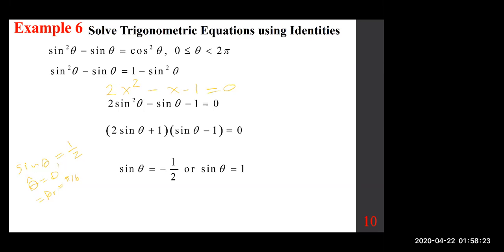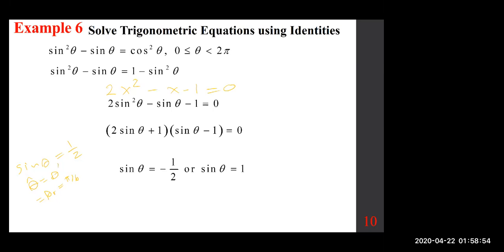There are different ways of representing them. So that is the reference arc. Sine is negative in which quadrants, everybody? 3 and 4. Therefore, in the case of quadrant 3, you add pi to this. In the case of quadrant 4, you say 2 pi minus pi over 6.